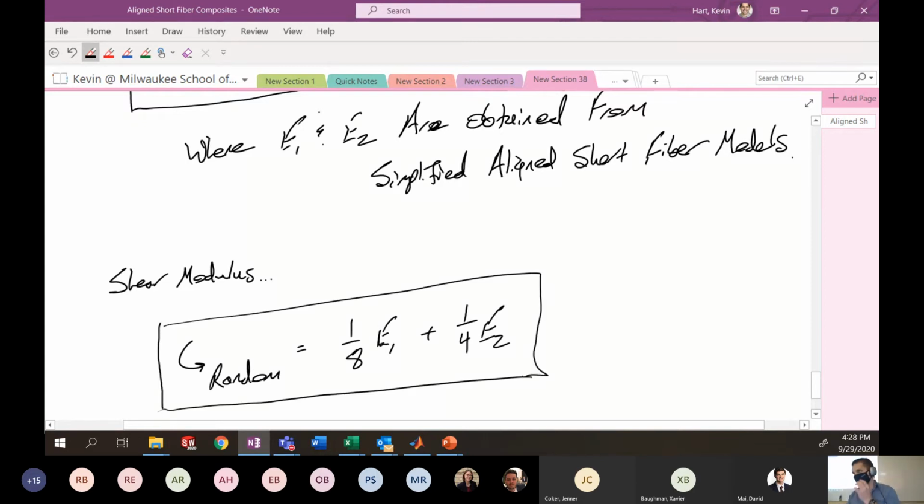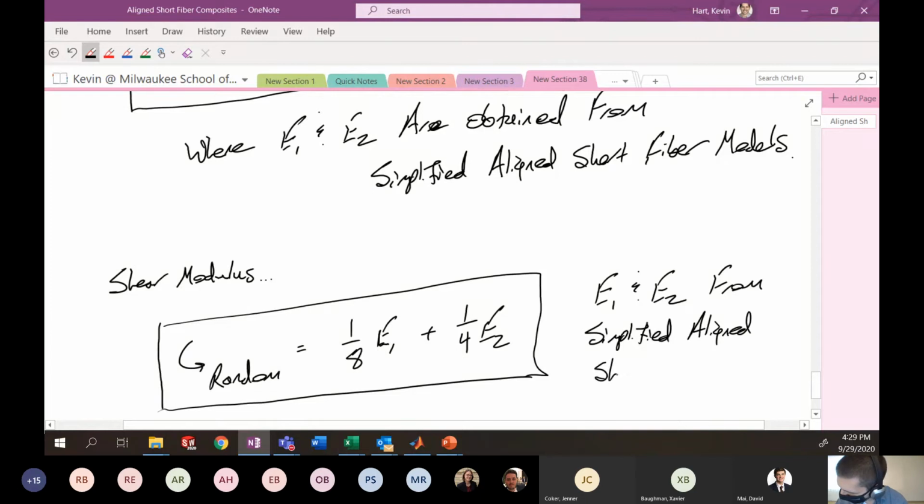It is 1/8 the modulus of an aligned short fiber composite plus 1/4 the modulus in the two direction of an aligned short fiber composite. Again, E1 and E2 from the simplified aligned short fiber model.